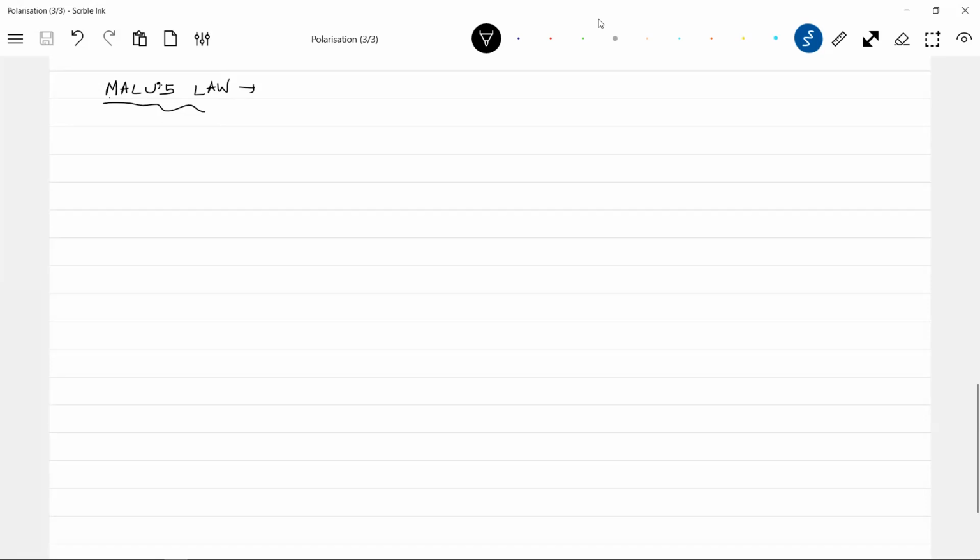There's a polarized light. These arrows I have to draw. Linearly polarized light it is, I'll pass through a polarizer.